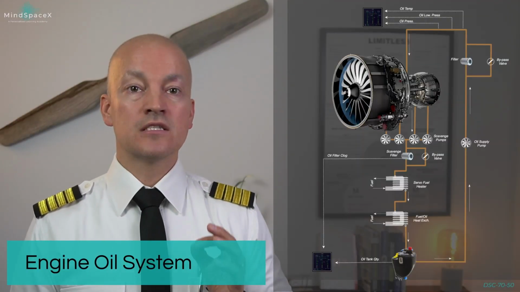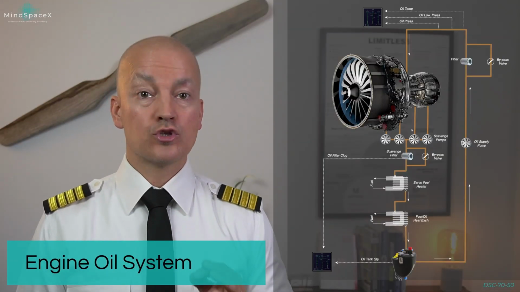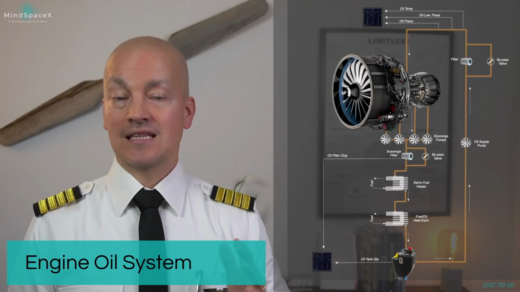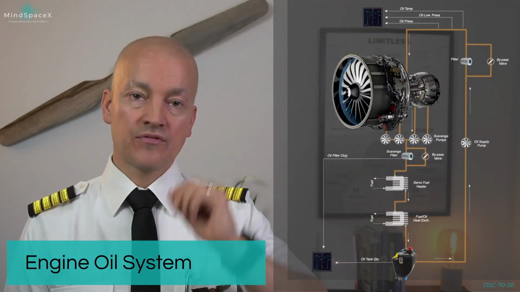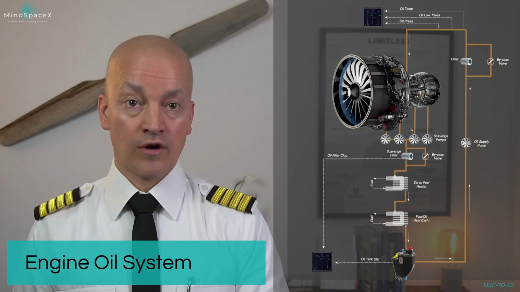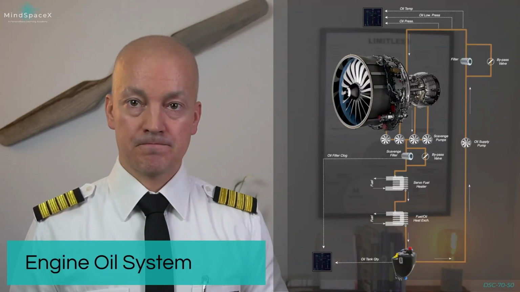If a filter is blocked, then it will stop the flow. So to prevent that, we have bypass valves that allow flow to go around the filter, so we don't stop the oil flow, because that would stop or do damage to the engine.